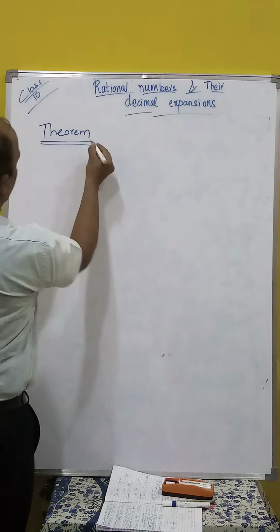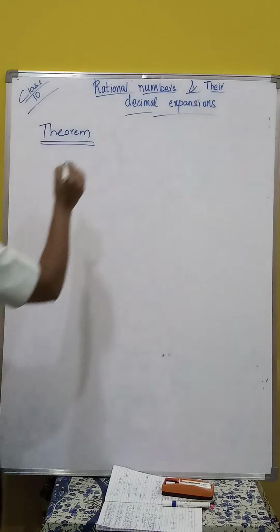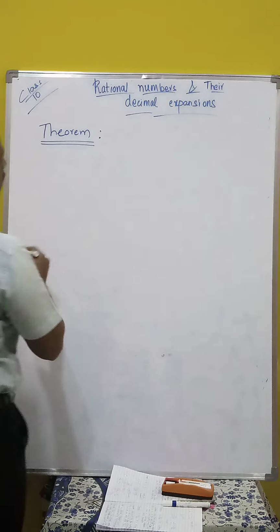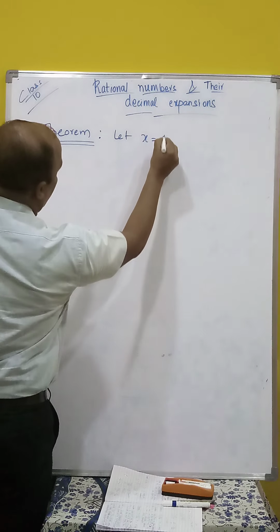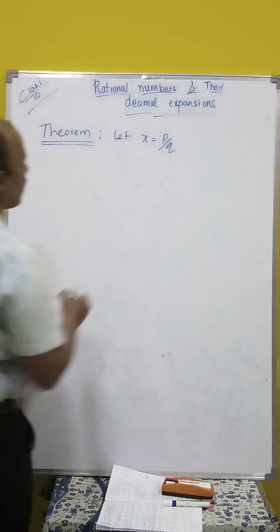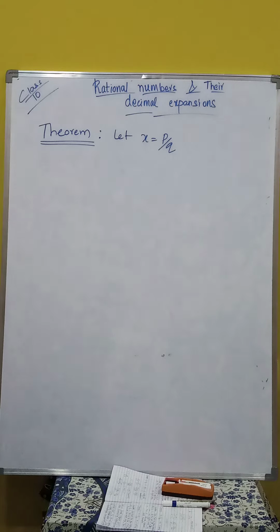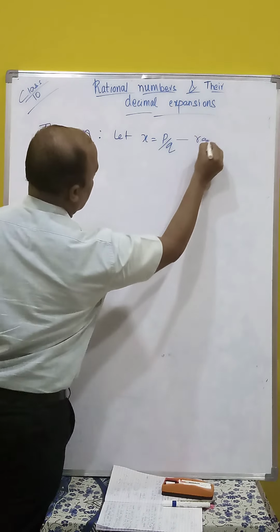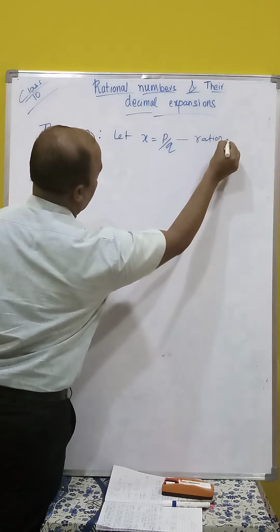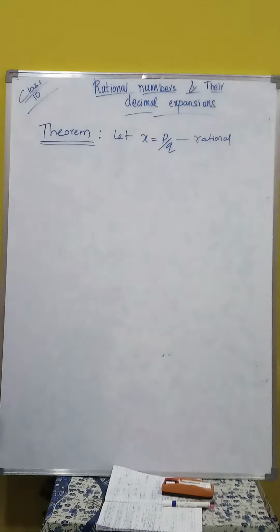First, I'll explain theorem 1.6 here. Let x equal p by q. What is p by q? It is a rational number, and we know p and q are both integers.